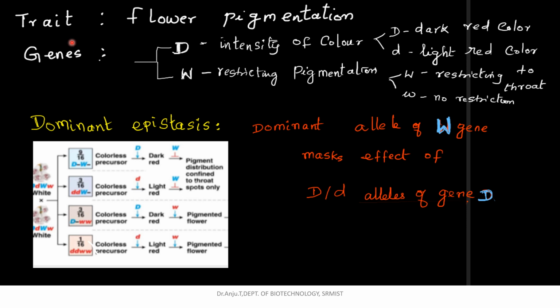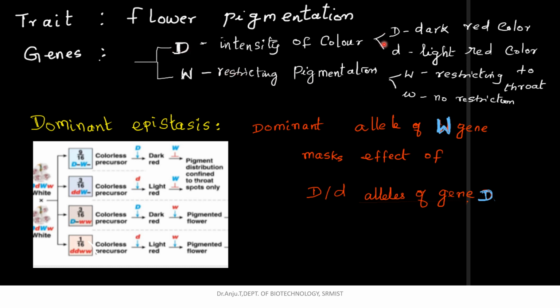We have talked about flower pigmentation, which is controlled by the interaction between two genes, D and W. The D gene controls the intensity of the color produced and W restricts the pigmentation.